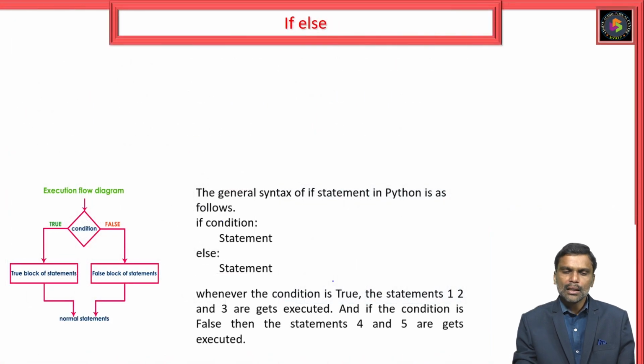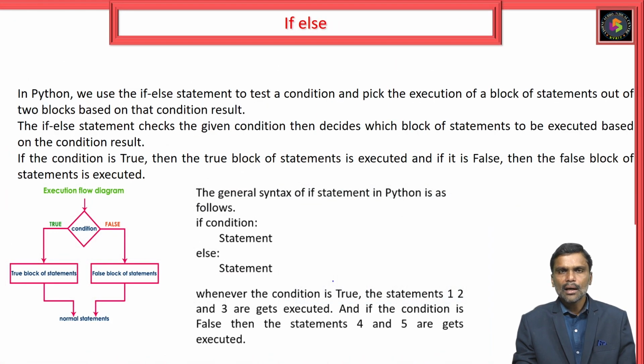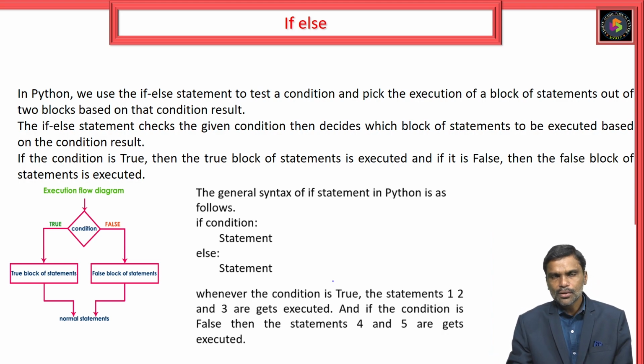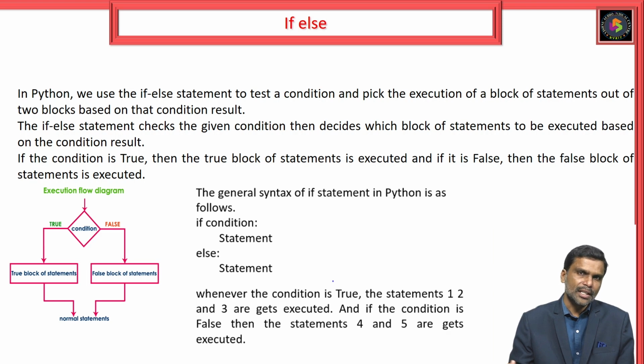Similarly, another statement we can see here is if else. This is very related to the if condition. As I gave you the example just now, if I go to a tea point, I may ask for tea. If tea is not available, I can go for the next choice, like coffee, then I can take coffee.